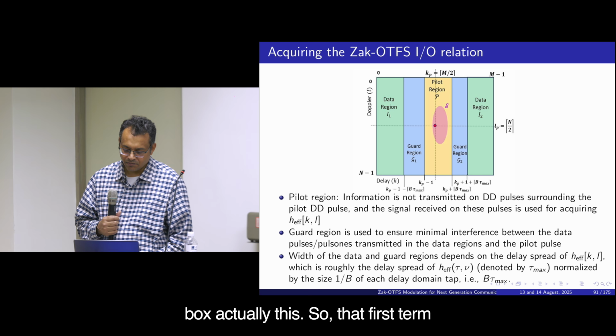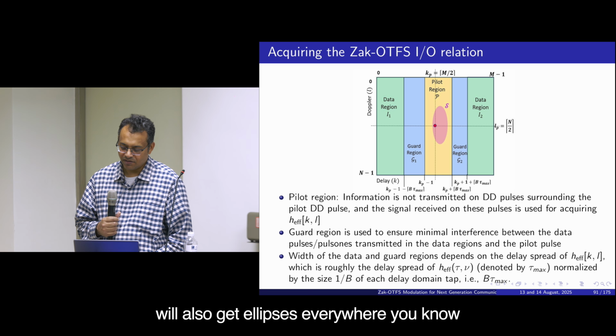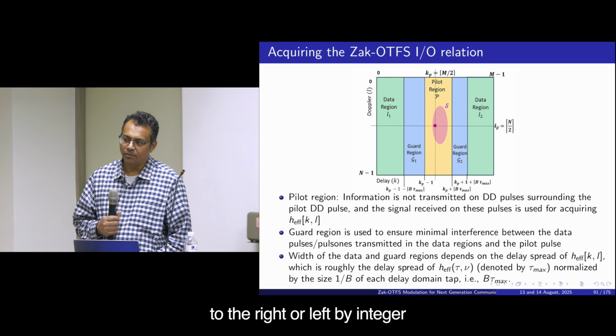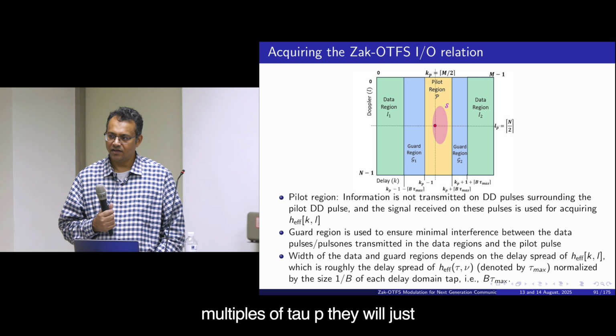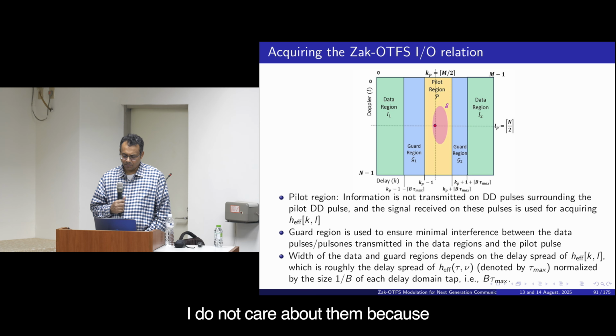So, that first term is basically this pink ellipse, but you will also get ellipses everywhere, if you just go to the right or left by integer multiples of tau p, they will just repeat quasi periodically. But I do not care about them, because I know that everything repeats. So, it is enough to just observe what I am receiving in this box.